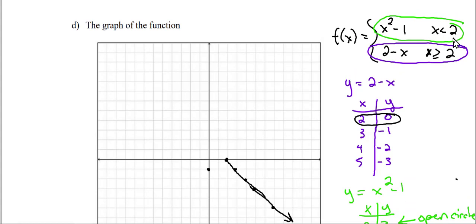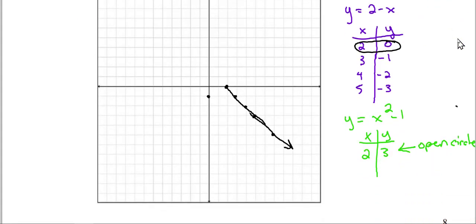This function doesn't apply when x equals 2, but it does right next to 2. Like 1.99999, it does apply for that. And so that's why I'm going to do an open circle there, to tell me to go right up next to that, but not actually at that point.